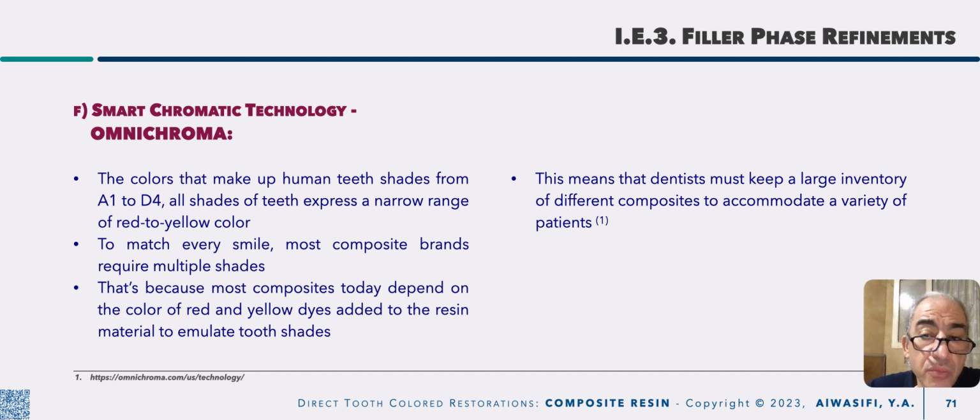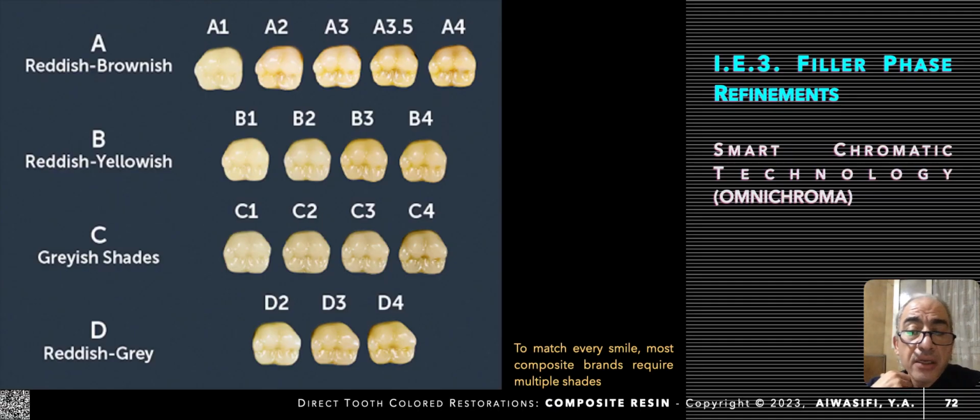Ranging from reddish brown to reddish gray, and in between them reddish yellow, grayish shades, and so on, multiple shades. That means that you must keep a large inventory of different composites to accommodate a variety of shades.